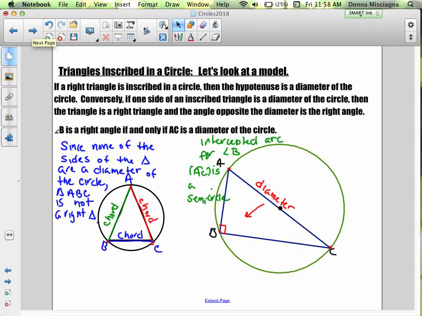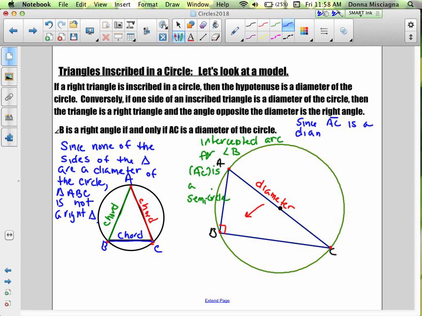Since one side, actually we can label that side, since AC is a diameter of the circle, then the angle opposite AC is a right angle, and triangle ABC is a right triangle.